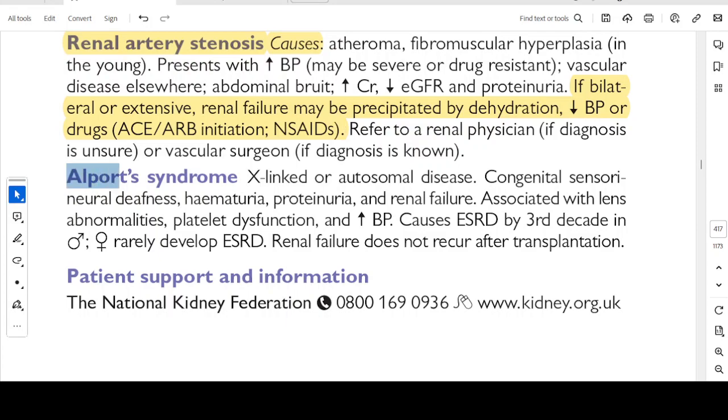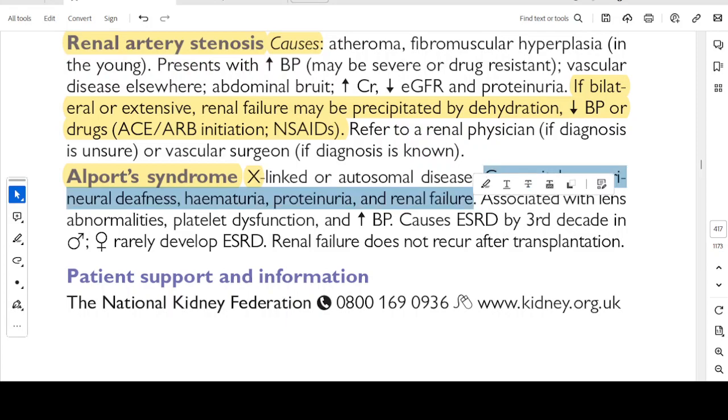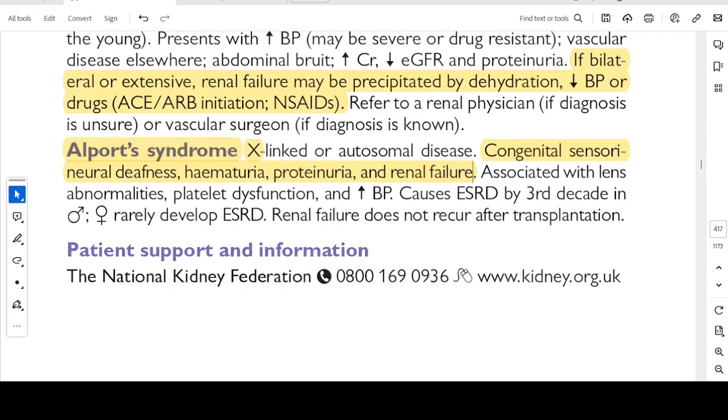Alport syndrome is an X-linked or autosomal disease: congenital sensorineural deafness, hematuria, proteinuria and renal failure. These are the 4 features of Alport syndrome. It is a familial condition in which the patient has proteinuria and hematuria, finally leading to renal failure.